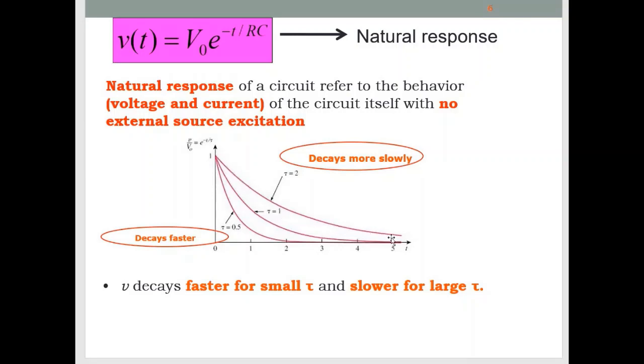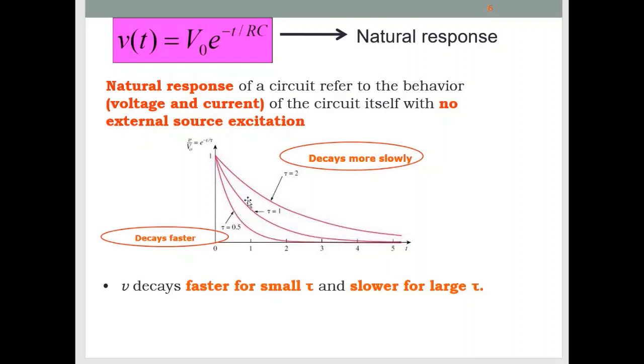This is similar to a battery. At first the battery is fully charged, and after a certain time the battery will slowly discharge. So the working function of a capacitor can also be related to a battery.